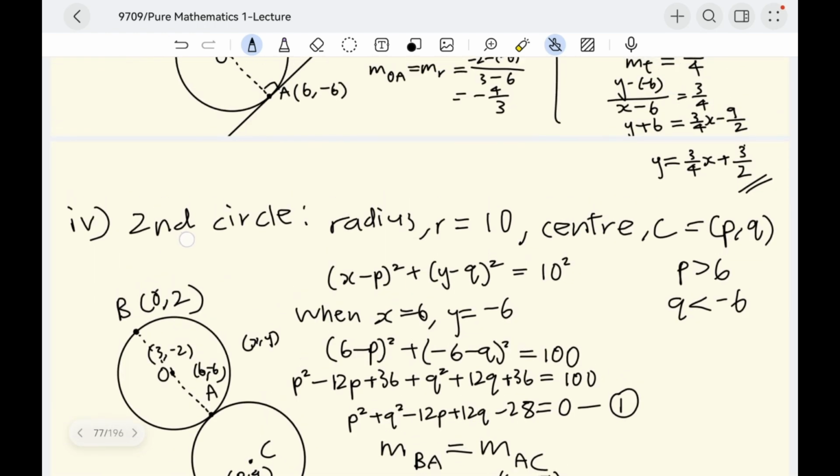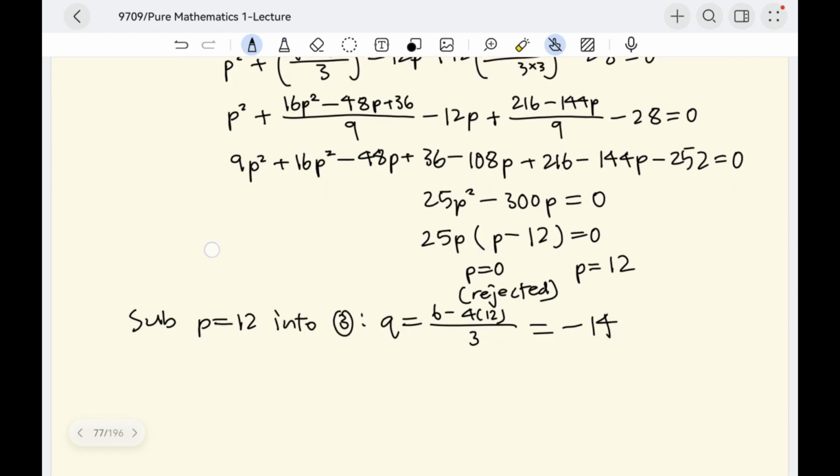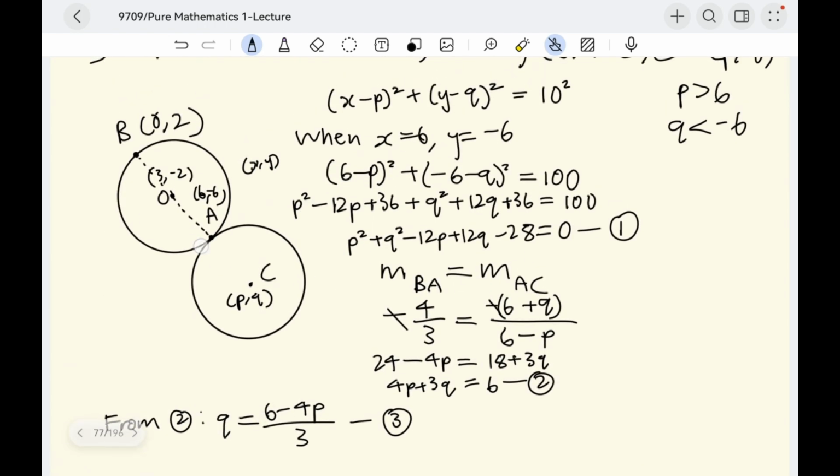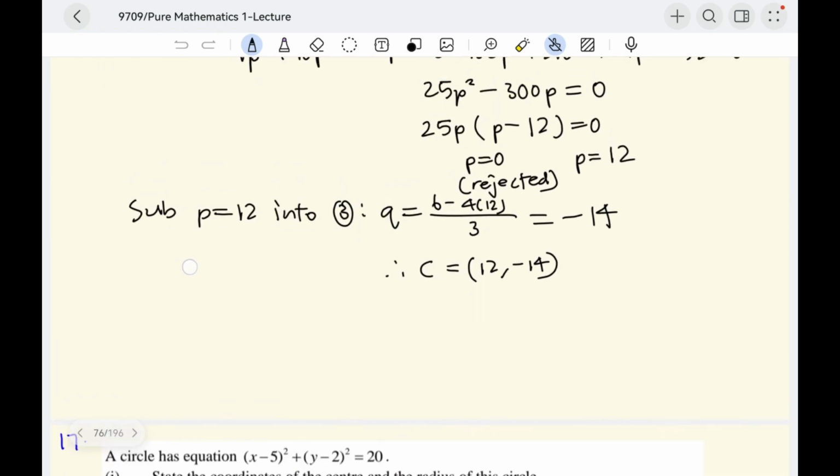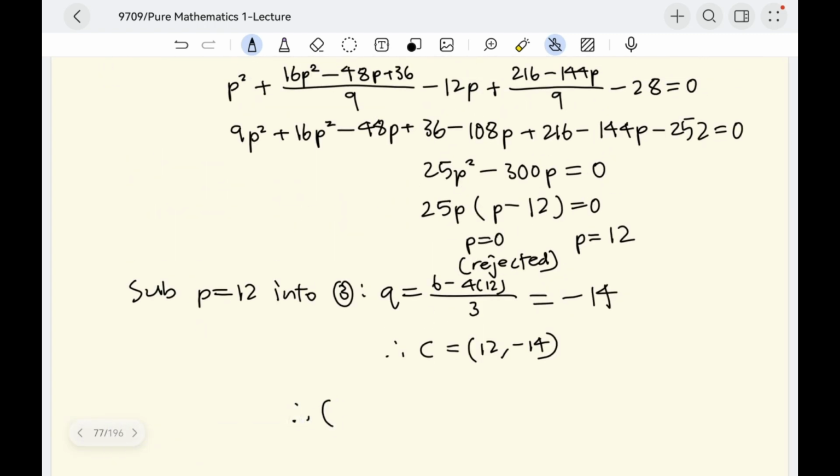So we are able to write the coordinates of C. Therefore, the coordinates of the center C for the second equation is (12, -14). And let's rewrite the exact equation of the second circle, which is (x - 12)² + (y + 14)² = 100. That's all for this question.